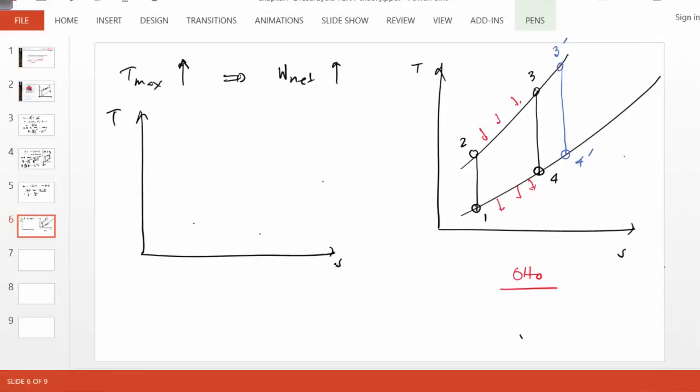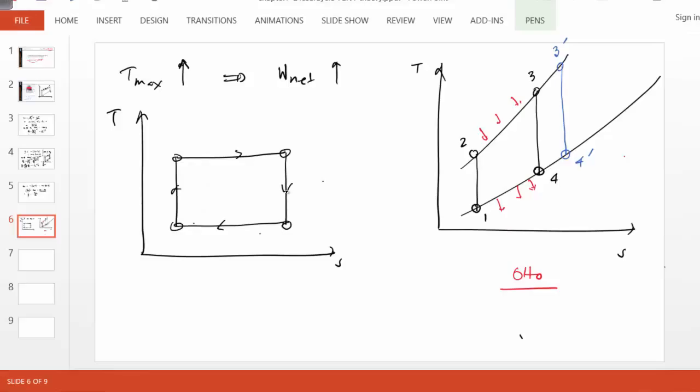In a Carnot cycle, heat addition takes place at constant temperature. The power stroke takes place at constant entropy. Heat rejection takes place at constant temperature. So a Carnot cycle looks something like this.